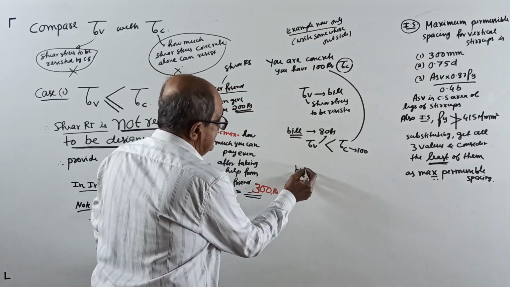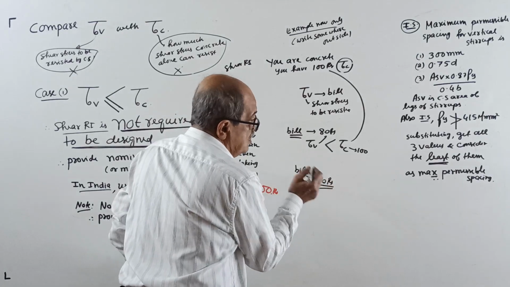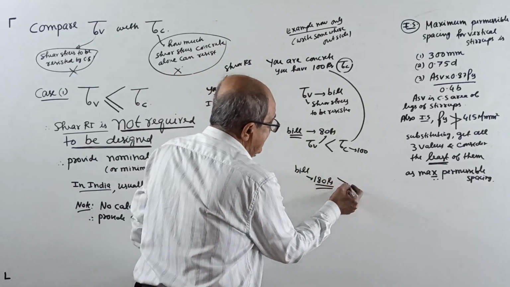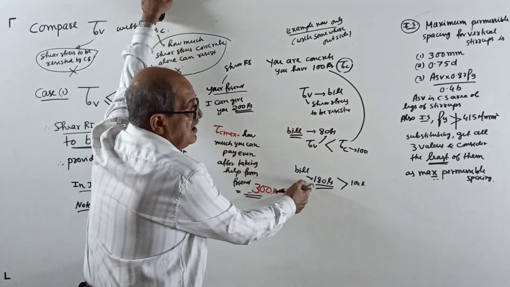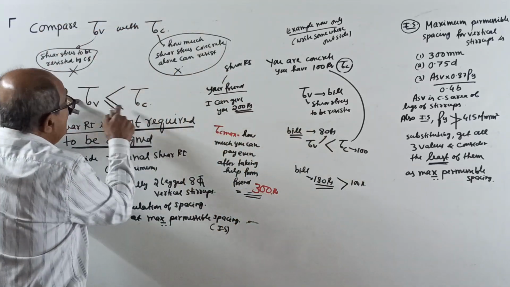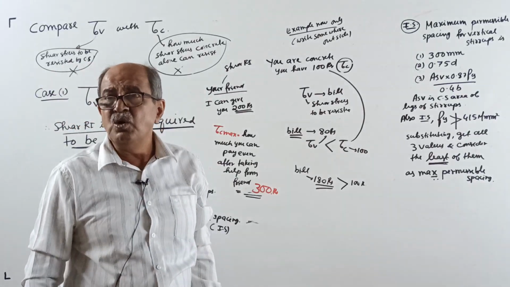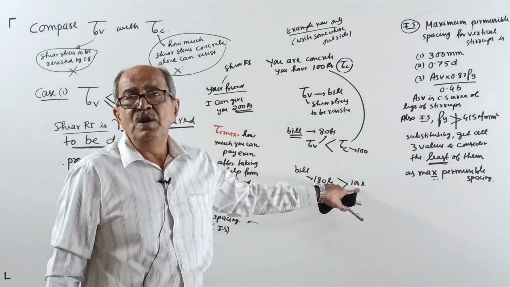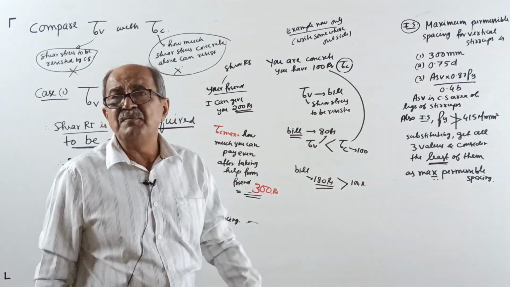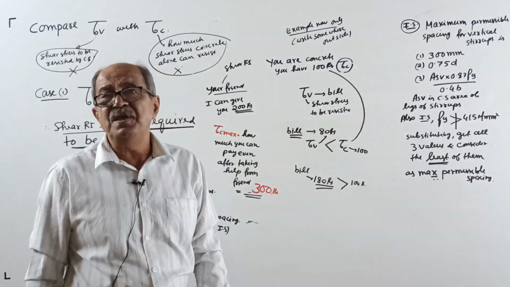Suppose bill comes to 180 rupees, which is more than 100 rupees. Oh, tau V is more than tau C. Second case: shear stress to be resisted will come more than capacity of concrete. Bill came 180, you have only 100, so help required from the friend. How much help required? Not 180 rupees, 80 rupees.